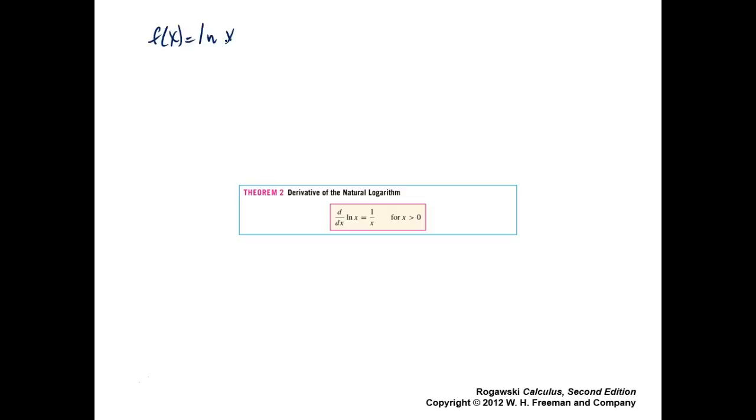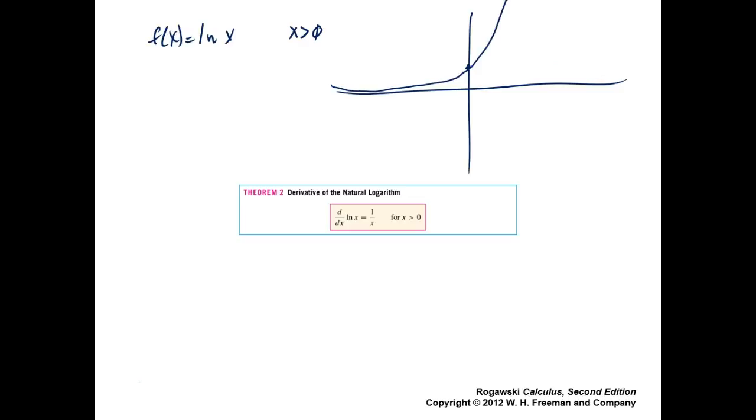Now, we're going to start with, well, you've got to have x greater than 0. Why? You can't take the log of 0. It's undefined. You can't take the log of a negative number. It's undefined. No way you can do it. I don't know if you remember this, but the natural log function is the inverse of the exponential function. And if you drew the exponential function on a graph, it goes through the point 0, 1, and it goes like this.